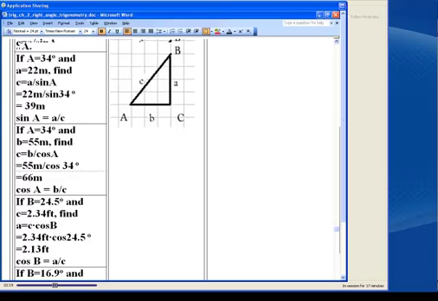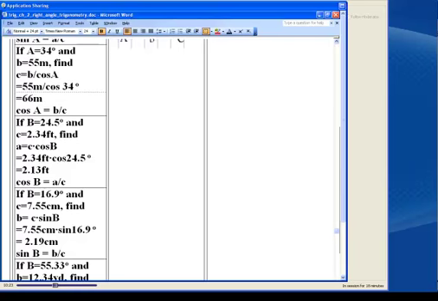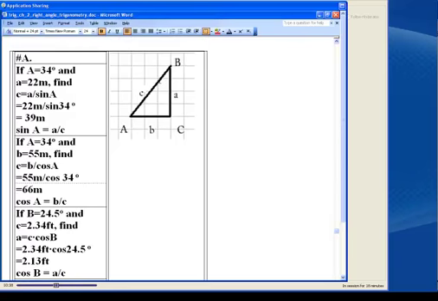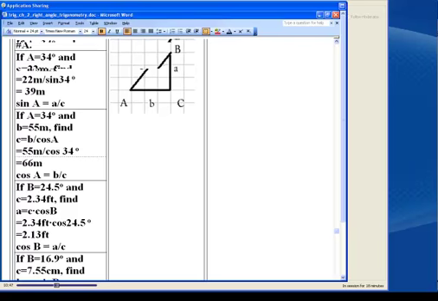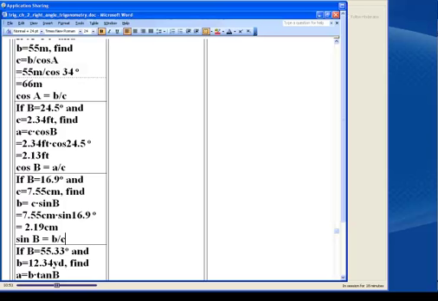And then I'm going to double check what I did wrong on the last one, where it says B is 55 degrees and B is 12.34 yards. Find A. So when I look at that here, it's going to be tangent B equals B over A, which is what I wrote, and then A equals B divided by tangent B. There is my mistake.